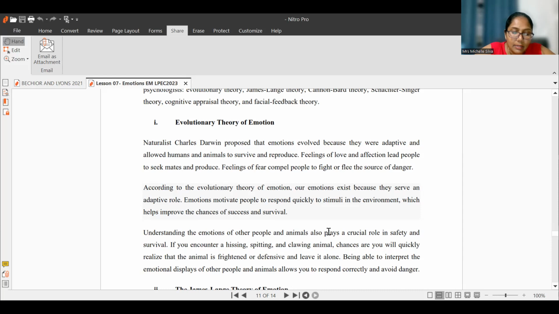And ultimately it leads to survival of the particular person.